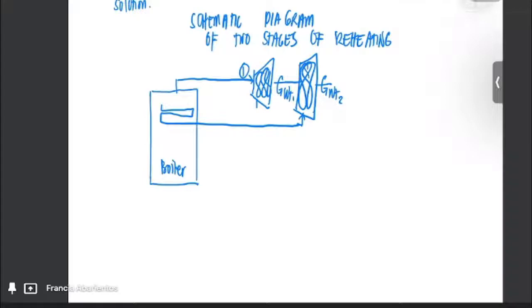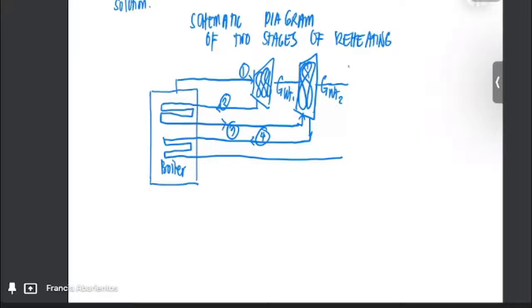Sa reheater natin, 0.1, 0.2, 3. After that, leaving again, kasi dalawa daw class na reheater. So, this is now 4. Ayan, two stage of reheating. Another turbine, pangatlong turbina. Leaving, we have now the condenser.